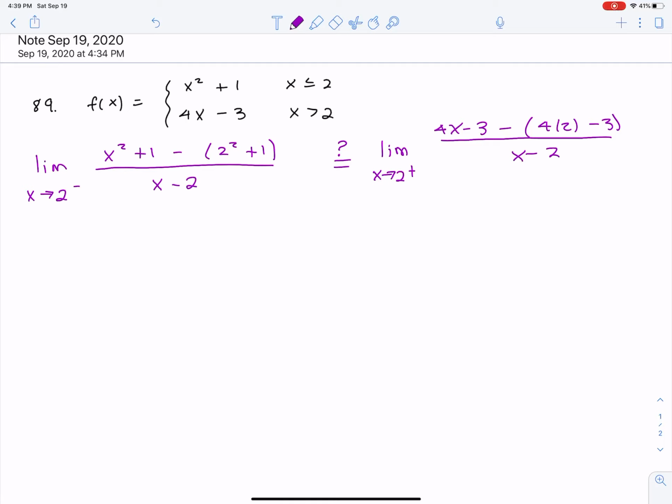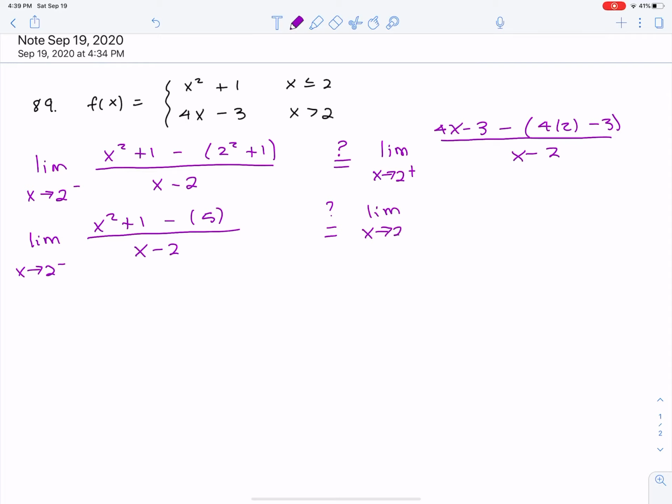Continuing on, I get the limit as x approaches 2 from the left of x squared plus 1 minus 5, all over x minus 2. Is that equal to the limit as x approaches 2 from the right of 4x minus 3 minus 5, over x minus 2?